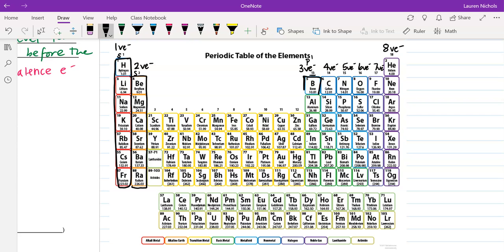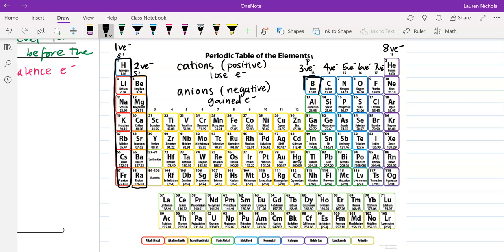And the reason why this is important is because when we talk about cations, which have a positive charge, because remember, cats have paws, and so cations are positive. This means that they lose their electrons. Okay? They have more protons than they do electrons. Some of their electrons are gone. And anions are negative, and that means that they've gained some extra electrons.